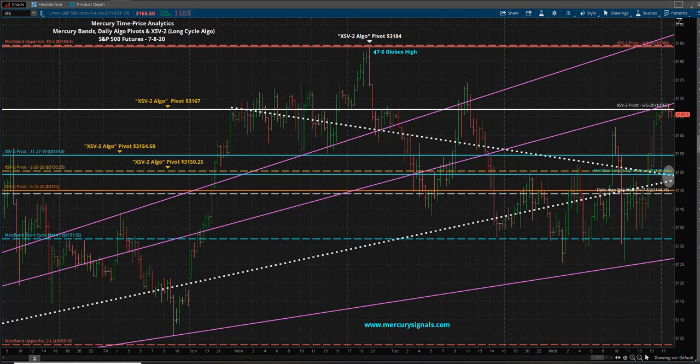Very interesting setup. This video is being recorded at 7:11 Eastern Time on July 8th. Now what you see on the screen, and we're going to come back to this big picture chart, these fixed horizontal lines are fixed algorithmic pivots, and the angled lines, the purple one and these two dotted angled lines, are algorithmic regression lines.